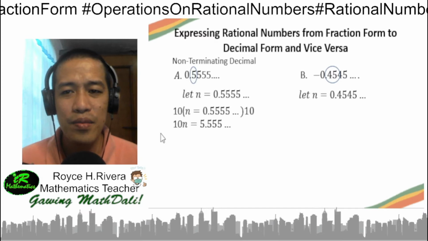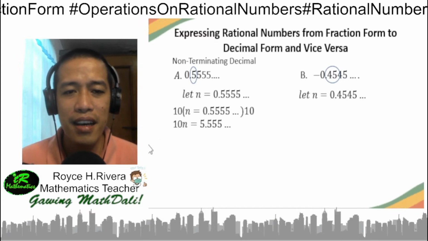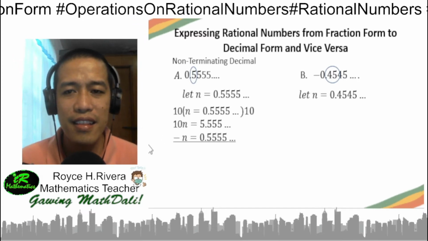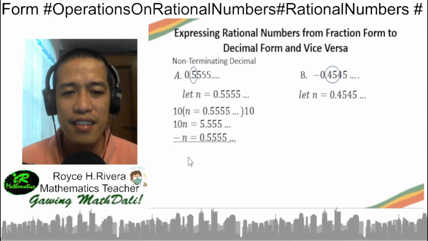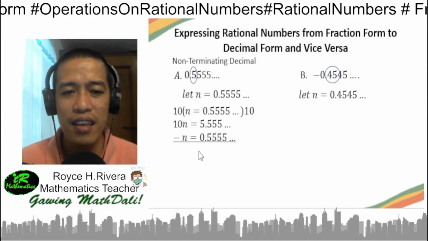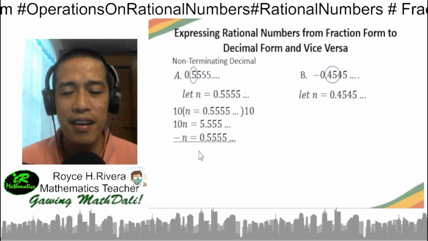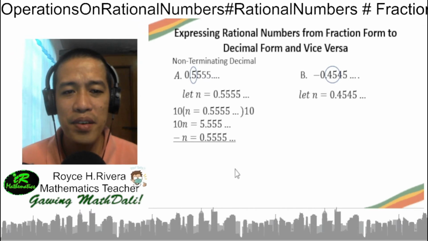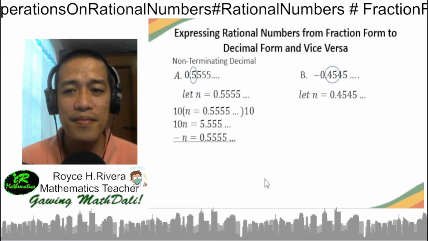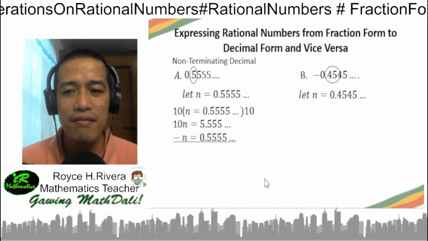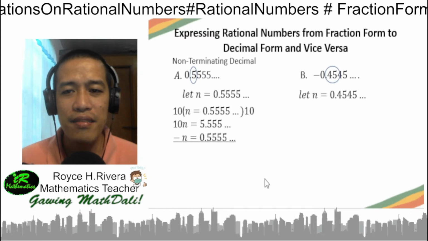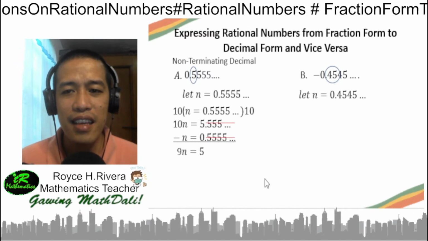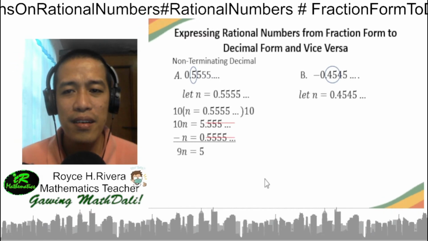Next, we will subtract this by n. So we have 10n equals 5.5555 minus n equals 0.5555. Then we will have the difference 9n is equal to 5.